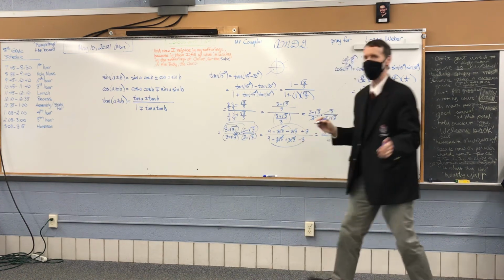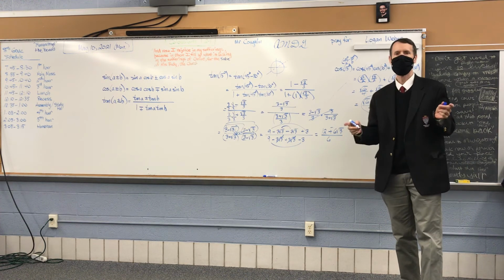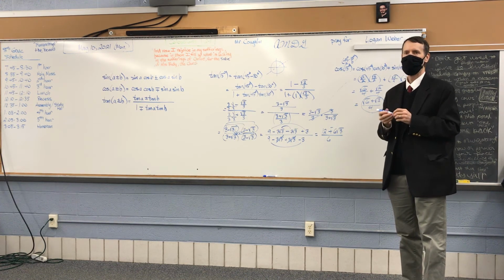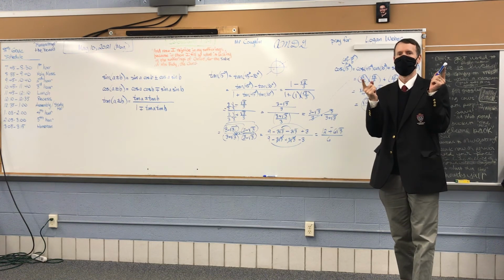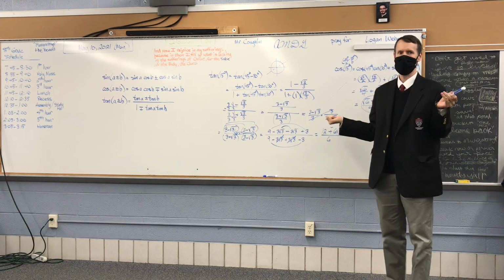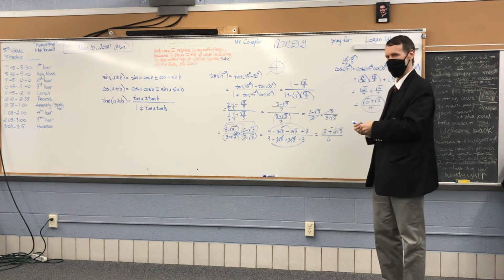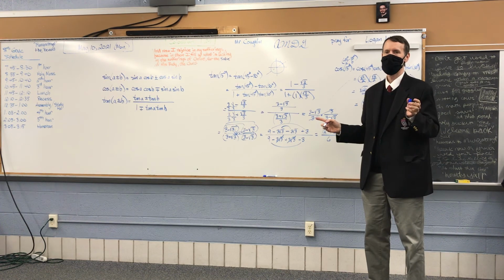Can somebody finish this problem for me? How do you simplify it? Can I just cancel the 6s? Why not? You're right, no. With the addition sign, how do you reduce this thing? If the whole thing is divided by 6. Okay, go ahead.